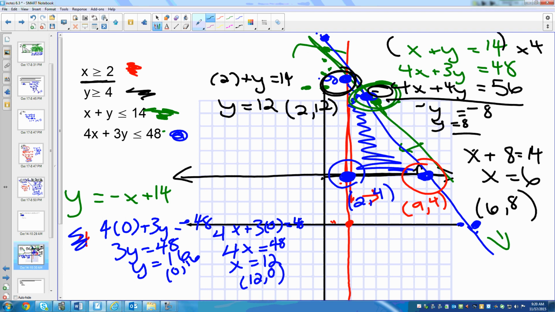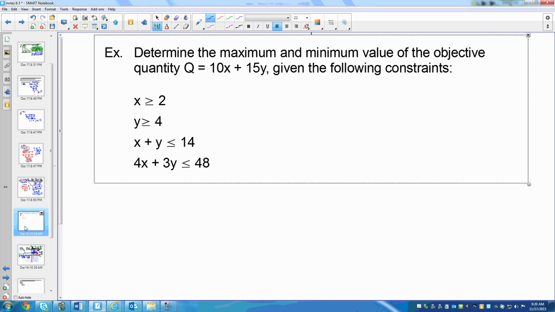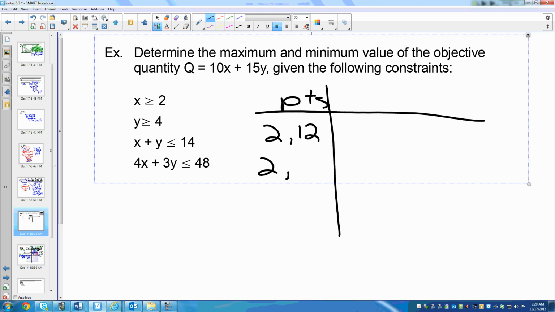Are we done? We have to find the maximum and the minimum. So we have to take these points. Okay? So I'm going to go back here. You guys are going to tell me the points. What were the points? The points were 2 and 12, 2 and 4, 9 and 4, and 6 and 8.